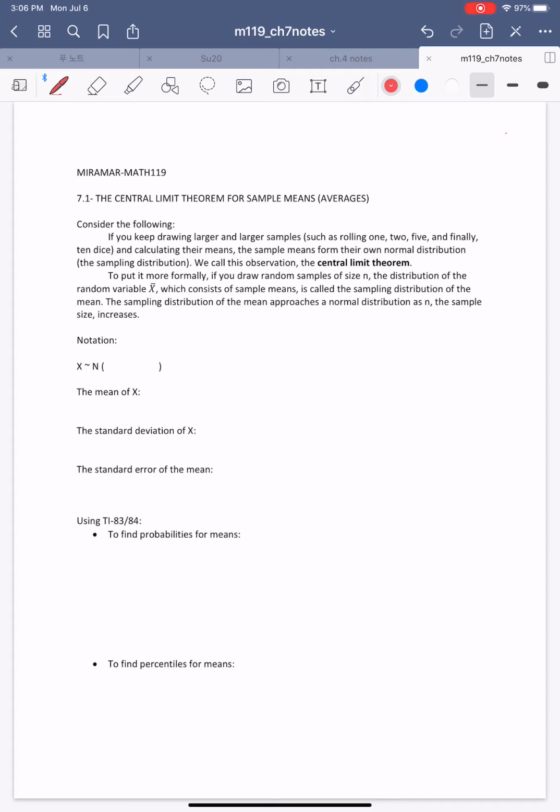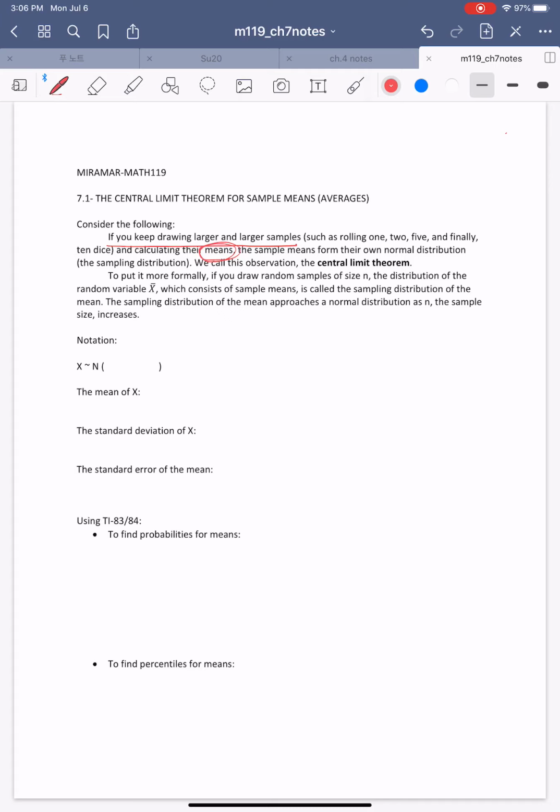We rolled a die 10 times first, 100 times, and then 500, and I went all the way up to 1,000, right? So this paragraph is a summary of that rolling a die. If you keep larger and larger samples, starting with 10, 100, 500, 1,000, we created two columns and then calculated the mean, right?